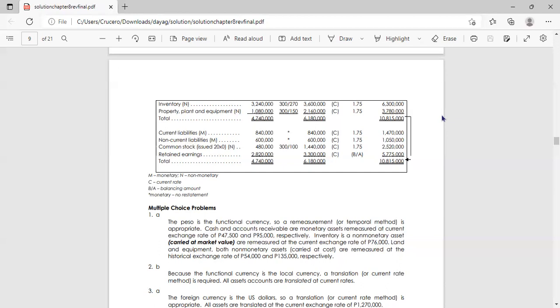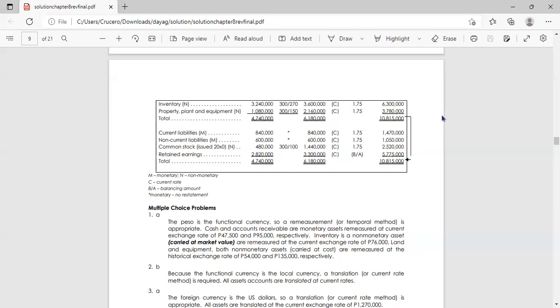So for the current liabilities, which is monetary, we use the current rate, which is 1.75, and we multiply it by the amount of current liabilities. So we now get 1,470,000.